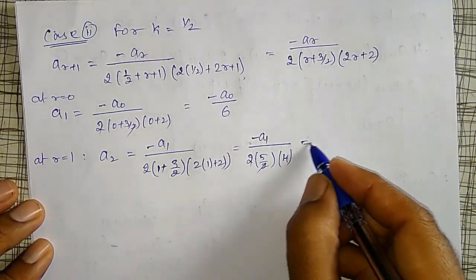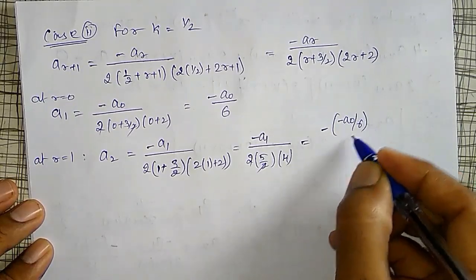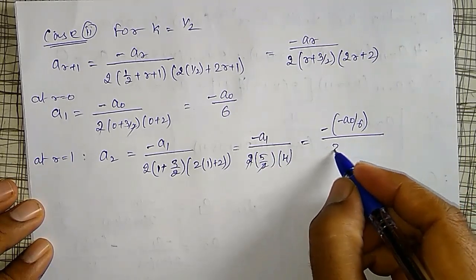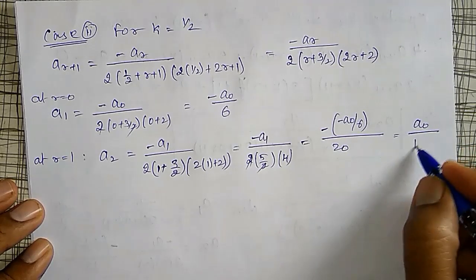But a1 is already calculated, minus a naught divided by 6, whole divided by 20, which is equal to a naught divided by 120.